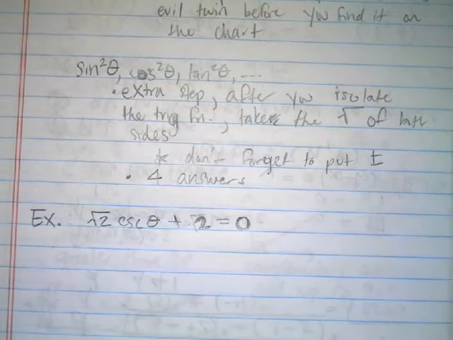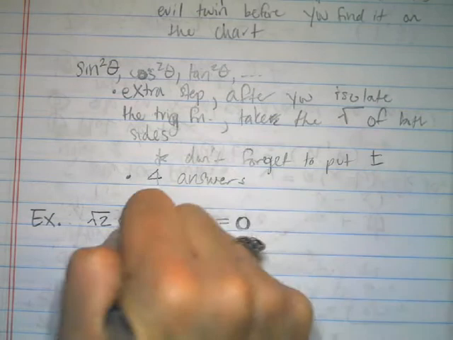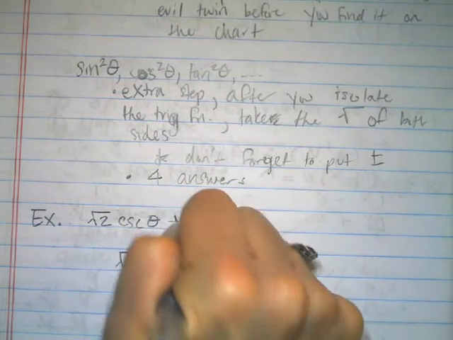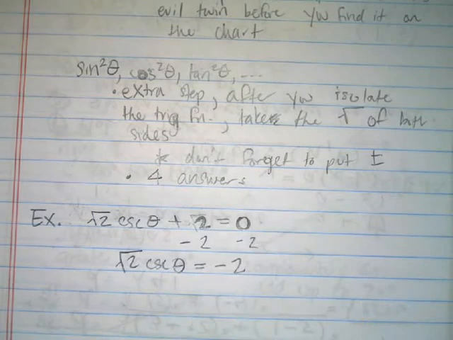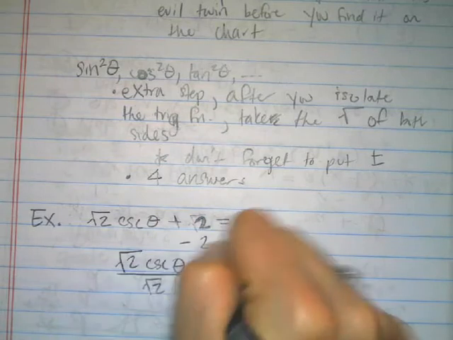So we want to isolate the cosecant, so we subtract 2. That gives us root 2 cosecant theta equals negative 2. And then what? Divide by root 2, because we want to get cosecant alone.